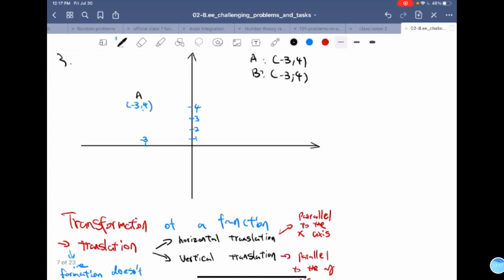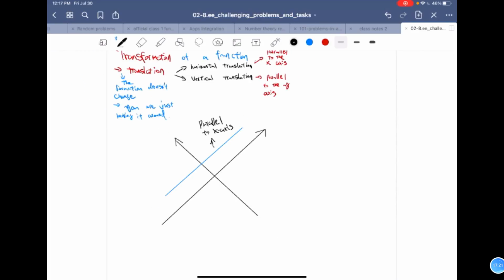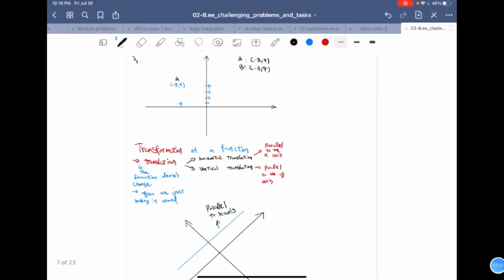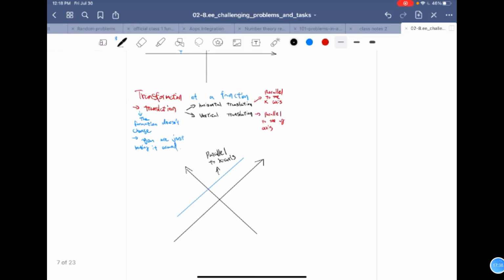Normally it looks like this, but when you talk about horizontal and vertical translation more rigorously, it's the line parallel to the x-axis and the y-axis as the direction. So that's for translation. And for today, the other transformation I'm gonna shed some light on is probably reflection.